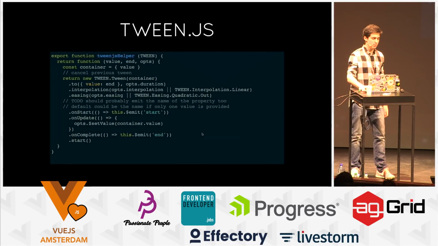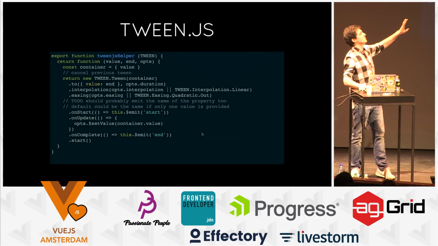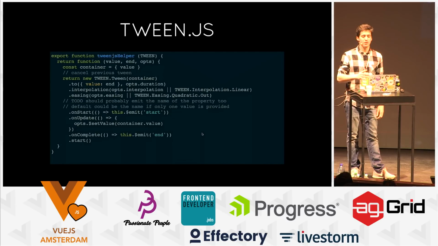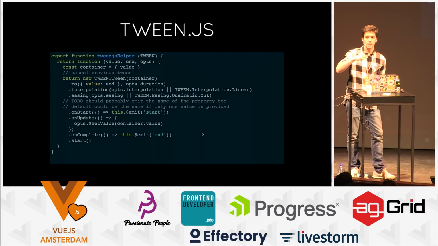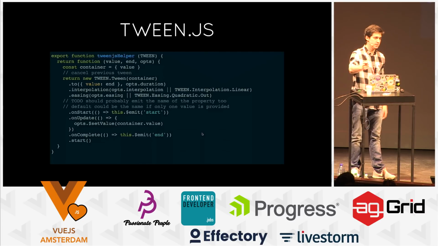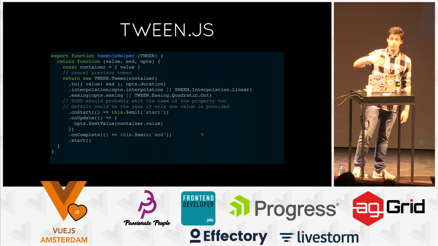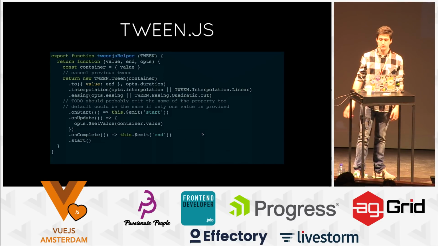The way a helper looks is a bit like that. Now, I don't want to go through everything, but the concept is you have a helper that returns a function, and that function is going to be invoked every time we create a tweening. So every time the value changes, you're going to call that function, and it's going to return the new tweening, and probably also start it.